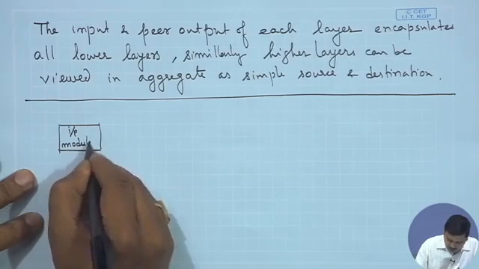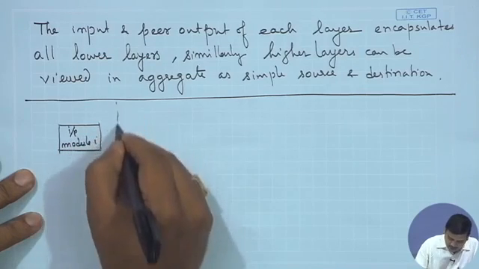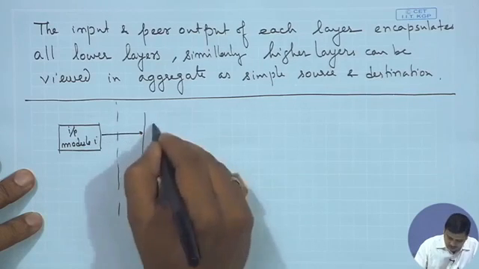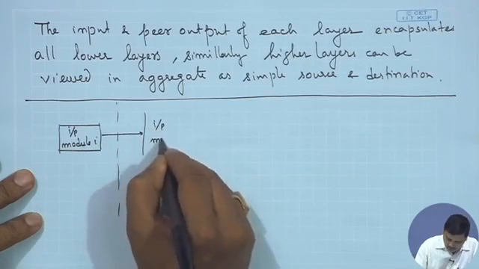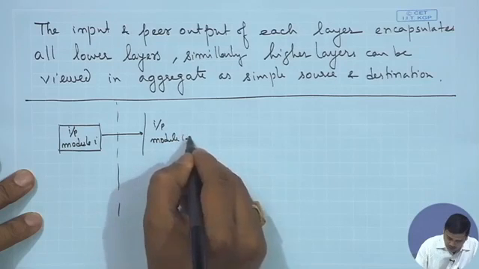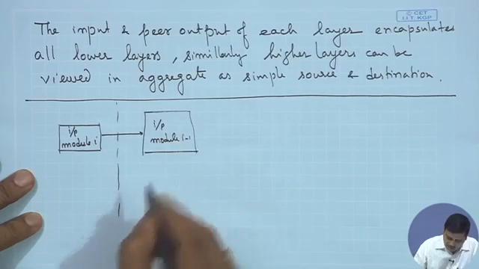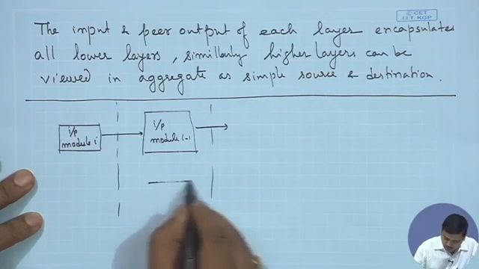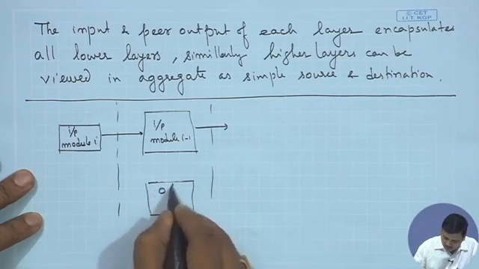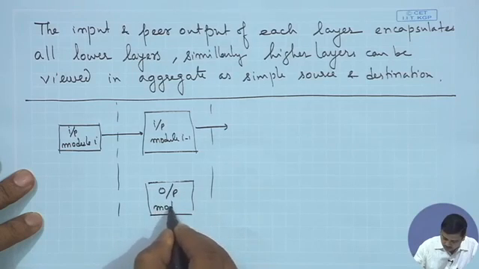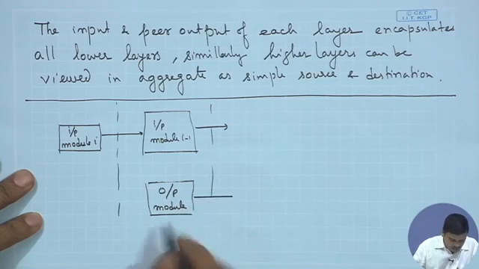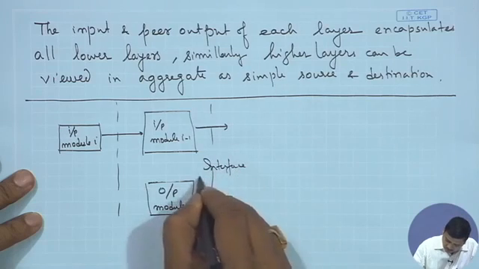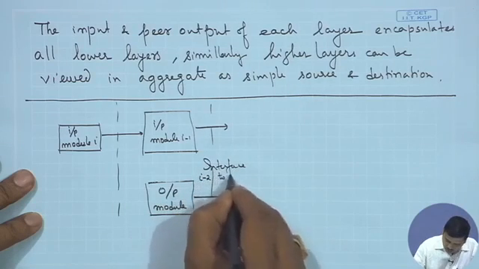This is module I, this is the input, this is the interface, this is input module I minus 1. This is a very generic picture, and there is an interface and so on. It continues. This is the output module, and this is the interface from I minus 2 to I minus 1.